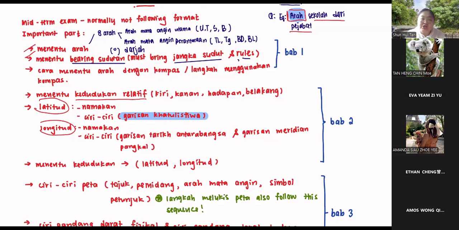They might use the words ciri-ciri garisan katulistiwa. They might also use other words, fungsi, kegunaan. But they have the same expectation. They expect you to tell me that, oh, katulistiwa is actually 0 degree, and it's actually the latitude yang terpanjang.